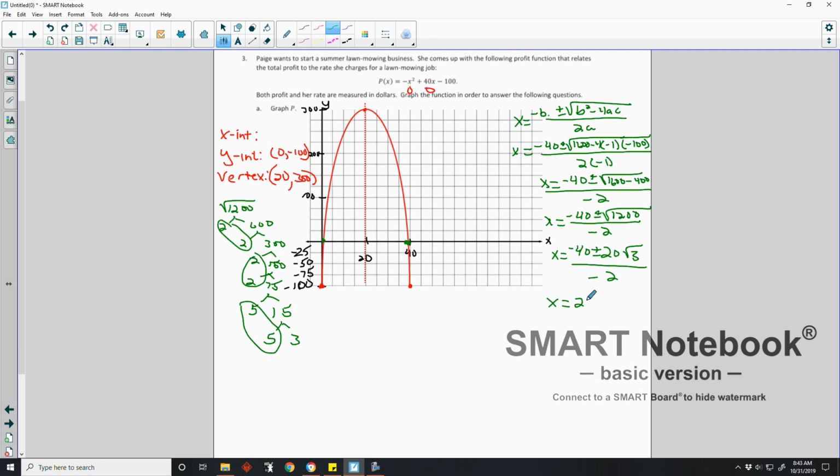Negative divided by negative is positive, so it's 20 plus or minus 20 divided by 2 is 10 square root 3. Okay, so I'm just going to move this over here. So this is the point 20 minus 10 square root 3, and this is the point 20 plus 10 square root 3.